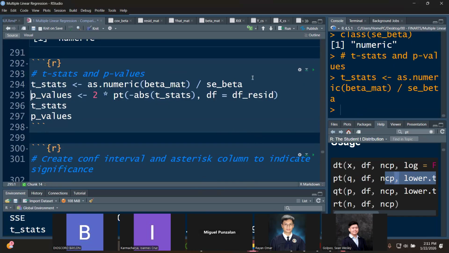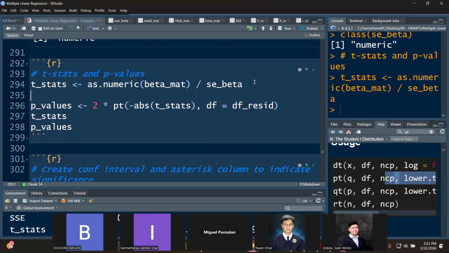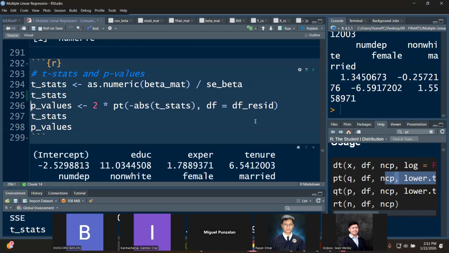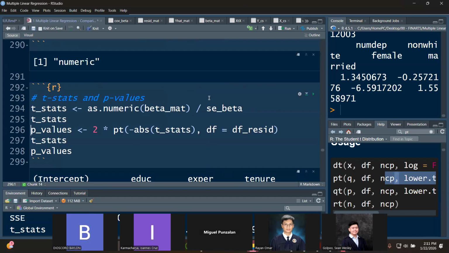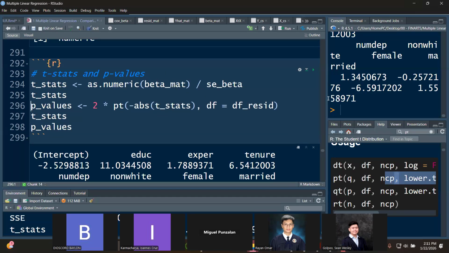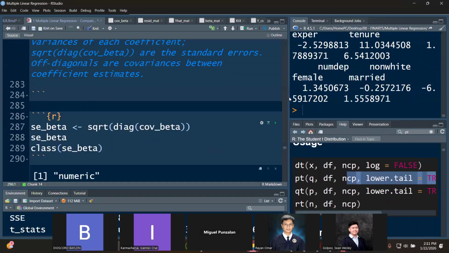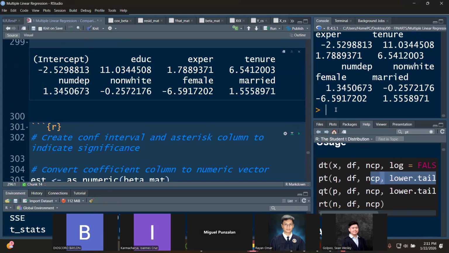Take a look at your t-stats. Let's just print this t underscore stats. All right, there. Okay, so we now have our beta, we now have our SE, we now have our t-stats. Okay, so the last one is your p-value, class. So to get your p-value, class, we need your t-stats.